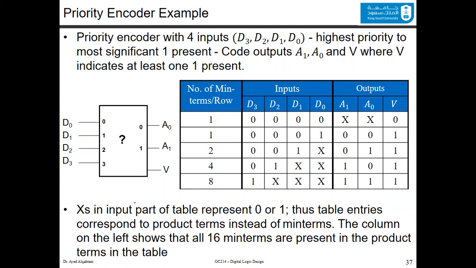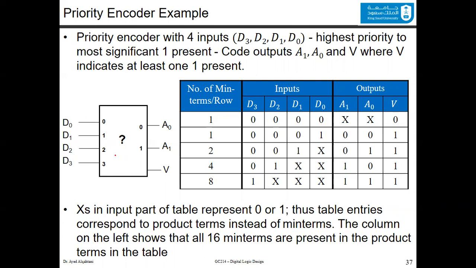So the X in the input part of the table represents 0 or 1 because it's a don't care. It could be either 0 or 1. Thus, the table entry corresponds to product terms instead of minterms. The columns on the left show that all the 16 minterms are presented in this table.